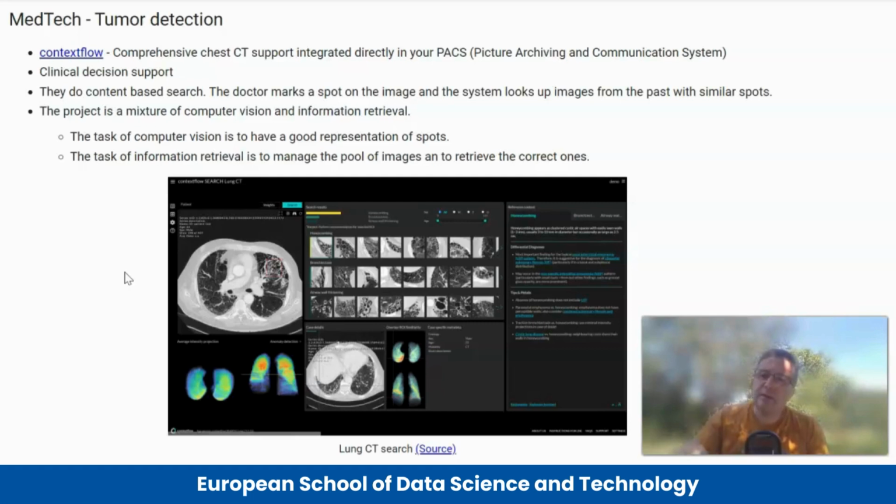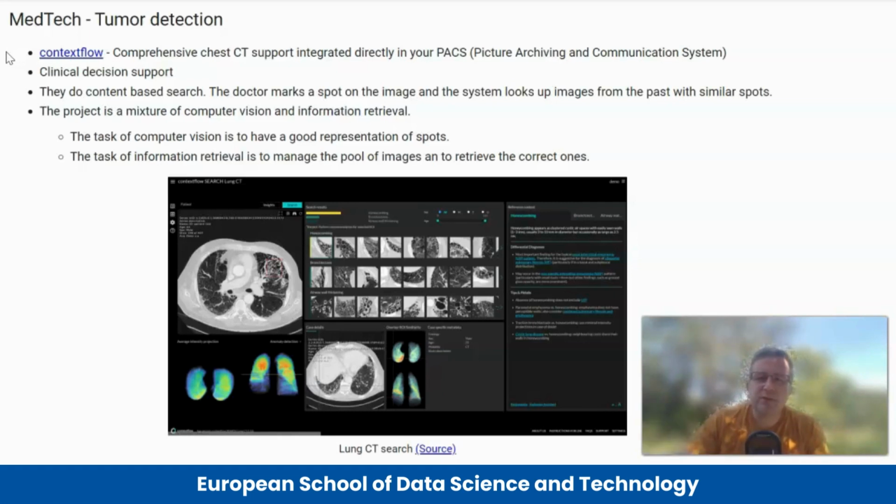When I lived in Vienna, I got to know a friend of mine, and at that time he was working on a startup, which is called Context Flow these days. What he did at that time, he worked on Medtech software which helped doctors to set up the diagnosis for a patient.